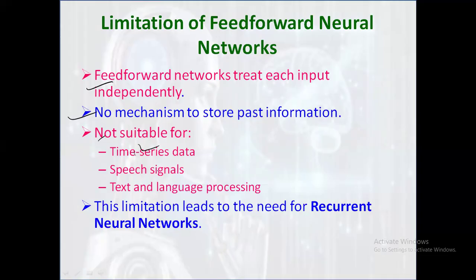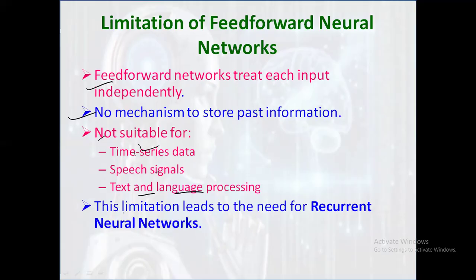There is no memory unit to retain earlier data, making them unsuitable for sequences. They are not suitable for time series, speech signals, and text and language processing. We cannot use them for this, because such data depends on order and context, which feed-forward networks cannot capture.